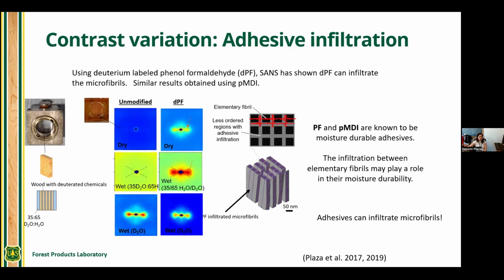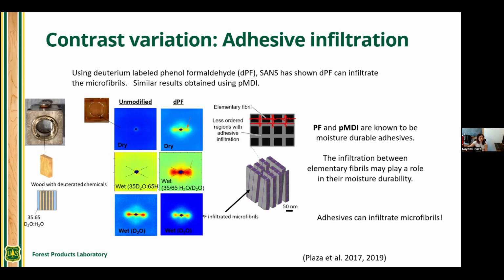Another way that you can control contrast is by using adhesive infiltration or by using a chemical. You can use a deuterium labeled chemical, for instance, phenylformaldehyde, and that way we can have a new source of contrast that's not necessarily D2O, and that way you have contrast in a sample that would otherwise have none.